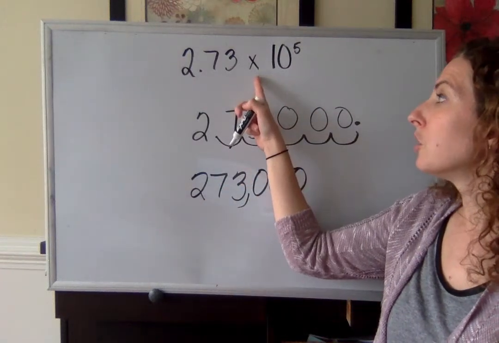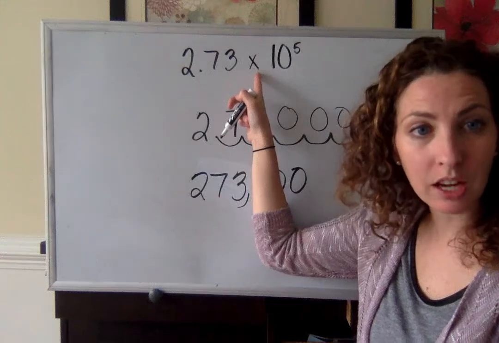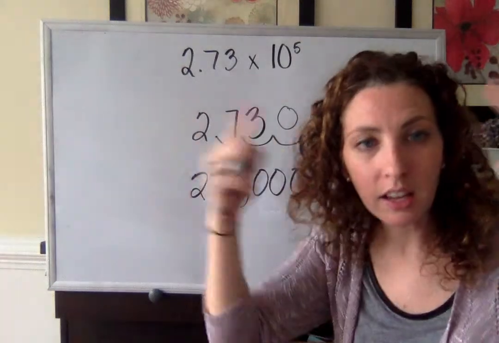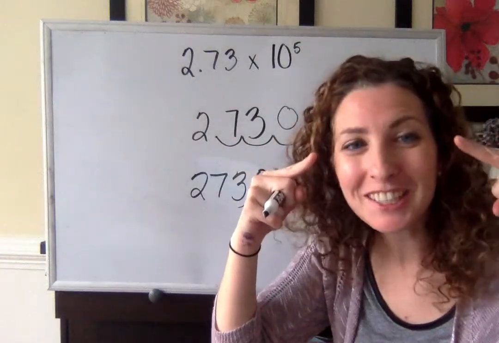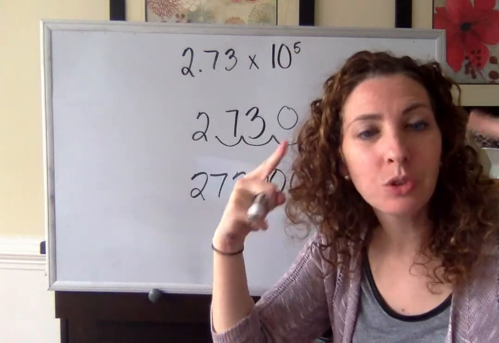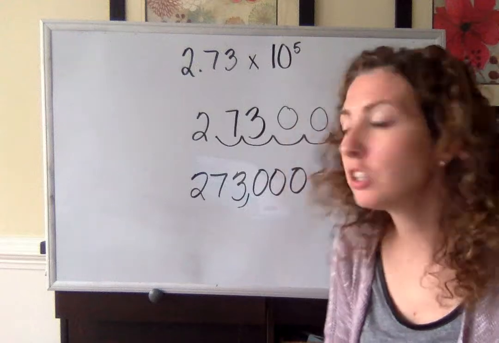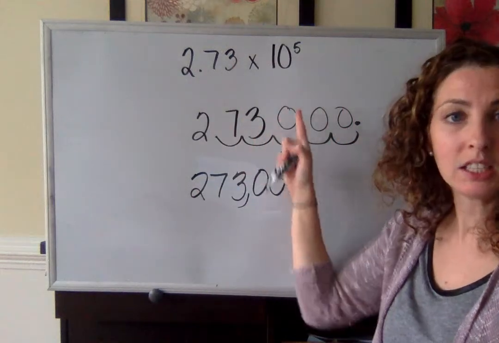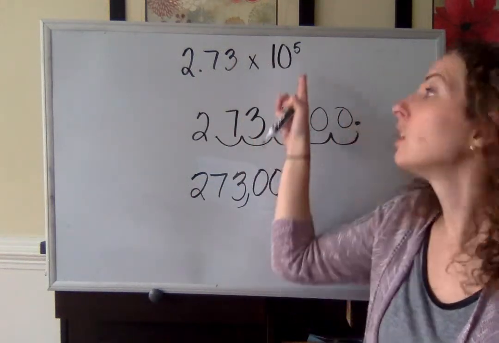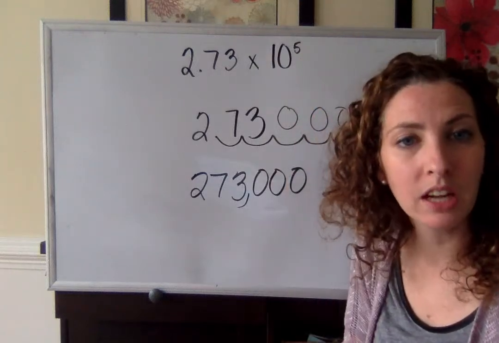Your multiplication symbol is going to tell you that you're multiplying. Get that decimal shuffle stuck in your head. Okay? To the right, multiply. So you know that you're moving your decimal to the right. How many spaces? Look at your exponent and that will tell you.